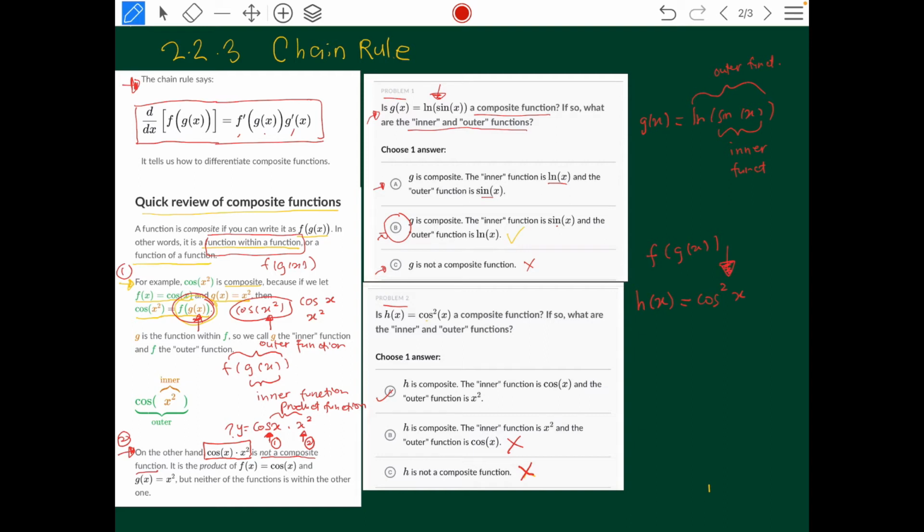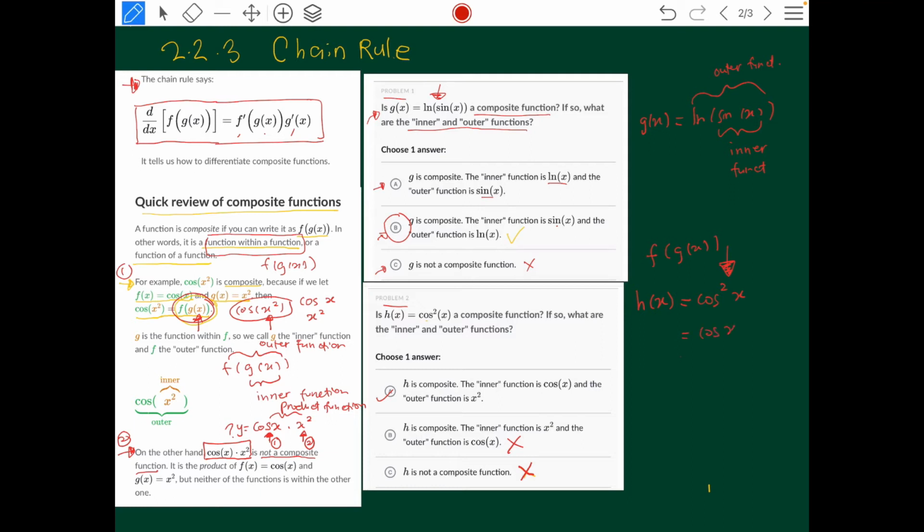So if you look closely, g(x) is cos x, whereas f(g(x)) is cos squared x. Or in other words, let me change it.